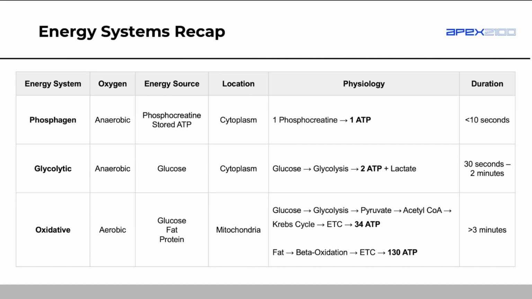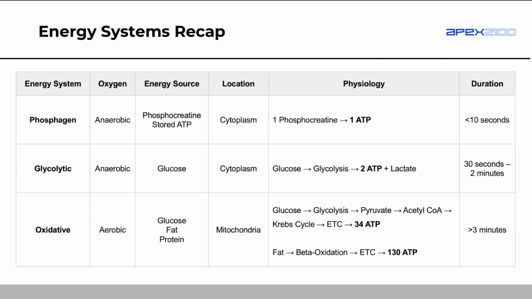It relies on stored ATP and phosphocreatine for quick energy. It provides a rapid but short-lived energy supply, and it produces just one ATP molecule from one phosphocreatine molecule. It's dominant for activities lasting up to 10 seconds, such as sprinting or heavy weightlifting.